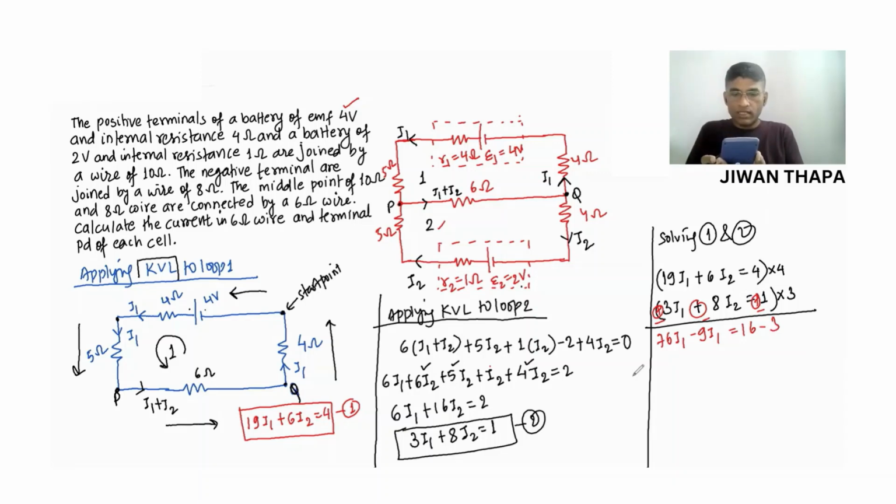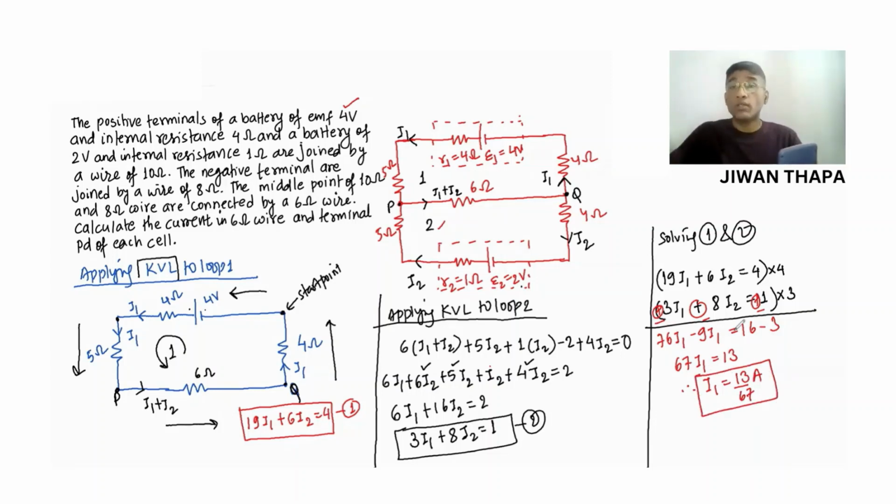So 76 minus 9 gives 67. I1 equals 13. Okay, so we get this. Therefore, we can write I1 equals 13 by 67 ampere.